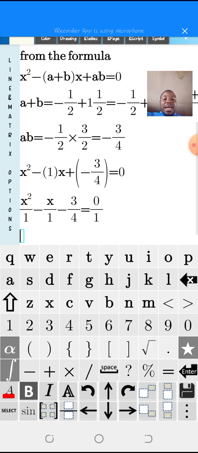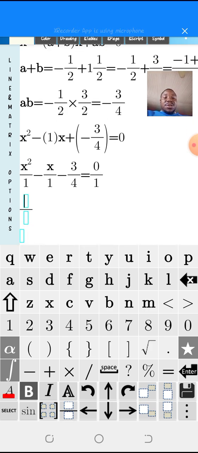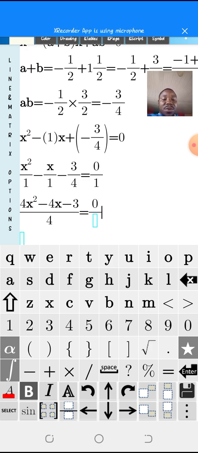And then the LCM on the left hand side, which is the LCM of 1, 1 and 4, is just 4. 4 divided by 1 is 4, and 4 times x squared is 4x squared. Then minus 4x, that's 4 divided by 1 is 4, and 4 times x is 4x. Minus 3 over 4, 4 divided by 4 is 1, and 1 times 3 is 3, and this equals 0 over 1.